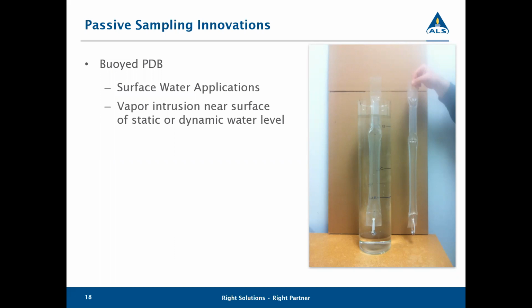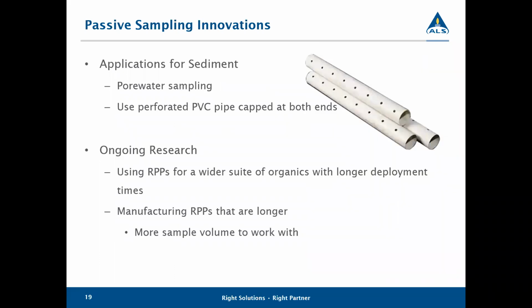We just have a little buoyed section, so just filled with air closed into the top, so that it keeps the passive diffusion bag near the surface of the water level. It can also be used if you have any dynamic water levels and you want to make sure that you're keeping equilibrium with the surface water. This will be effective for that purpose.